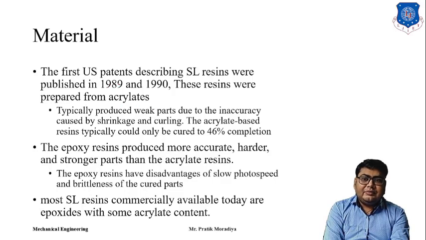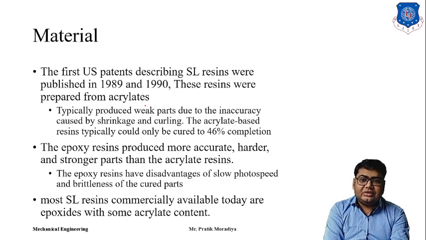But before that patent came into the market, people were already using acrylates, and we talked about Mr. Hull who developed the SLA process. He also used acrylates to build his 3D SLA apparatus, and these acrylates are not very suitable materials because there are some limitations.